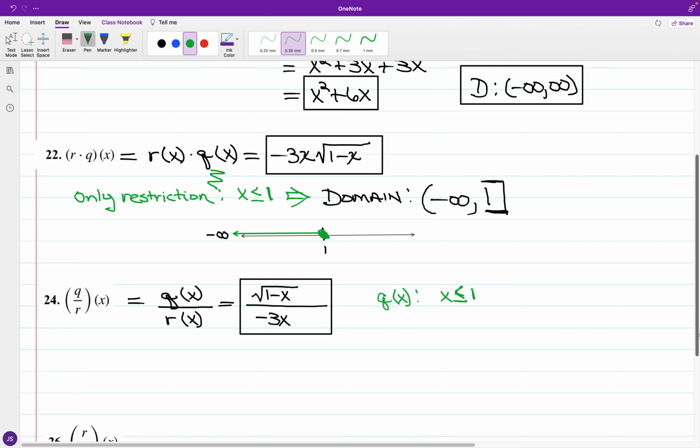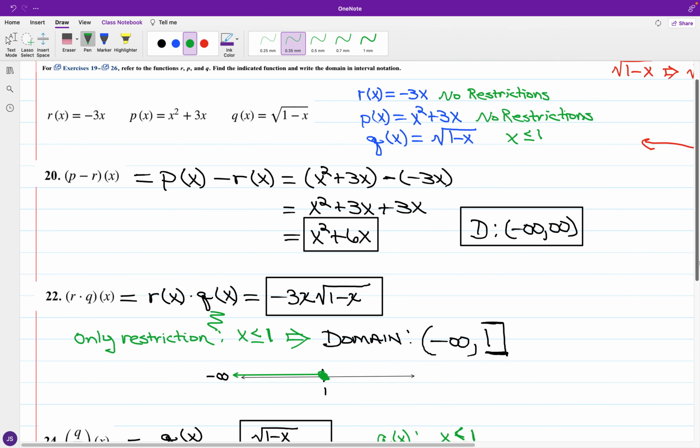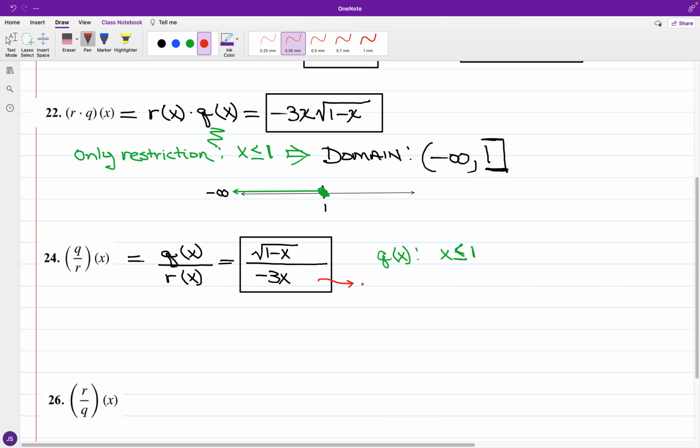Now, for what we have in the case of r of x in the denominator, again, you have r of x equal to negative 3x in the denominator.